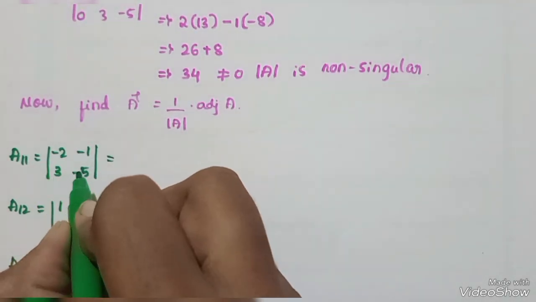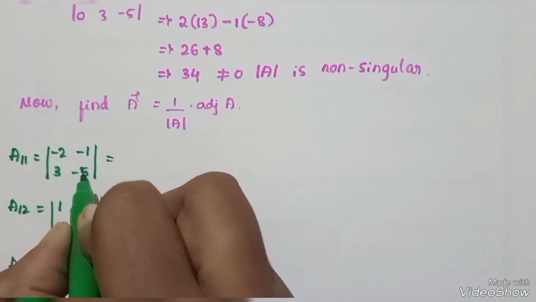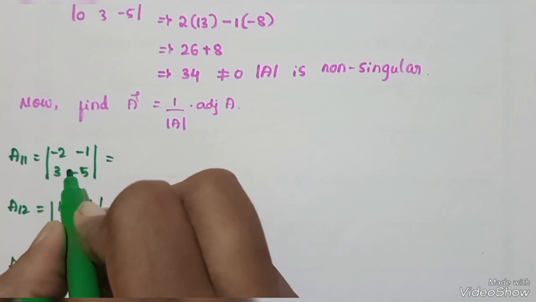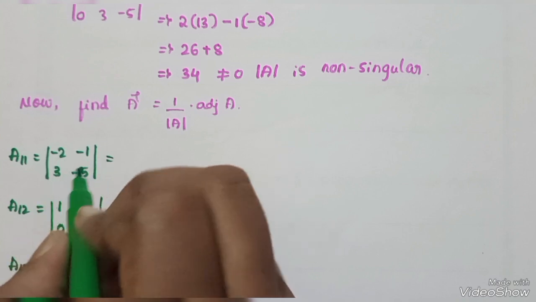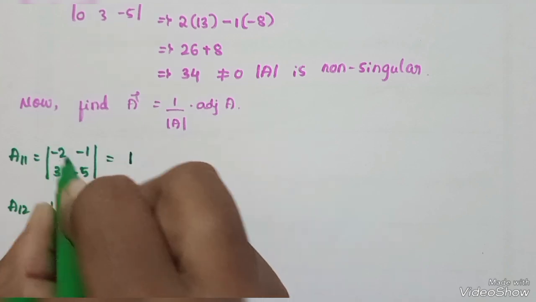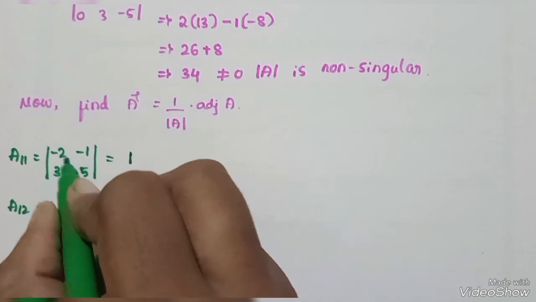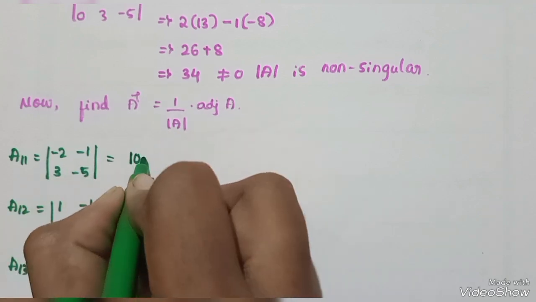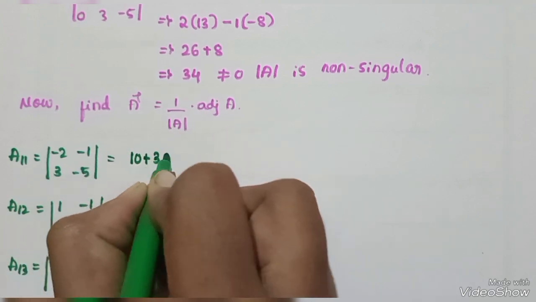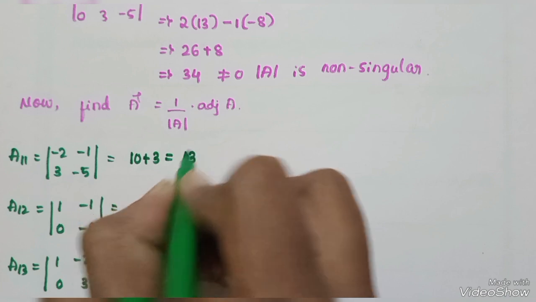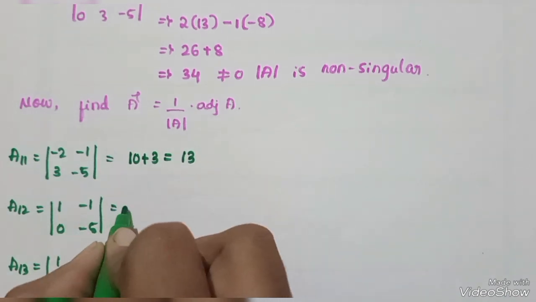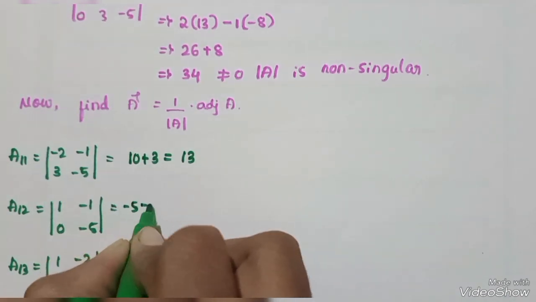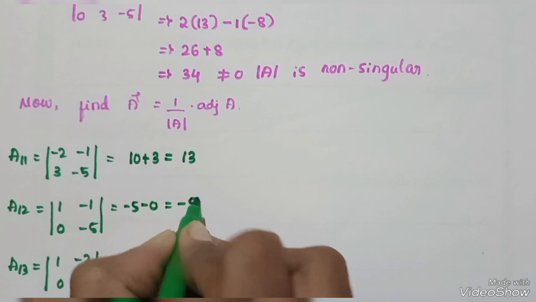Here minus 2 into minus 5, that is 10. 3 into 1 is 3, with a minus, minus 3. Here 10 plus 3, it becomes 13. 1 into minus 5, minus 5, 0 into 0, it becomes minus 5.